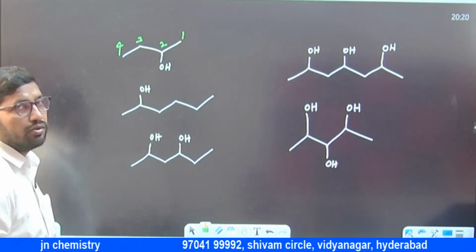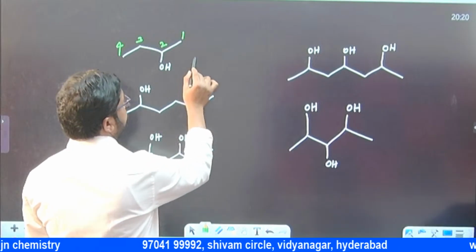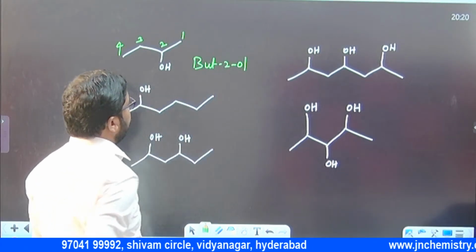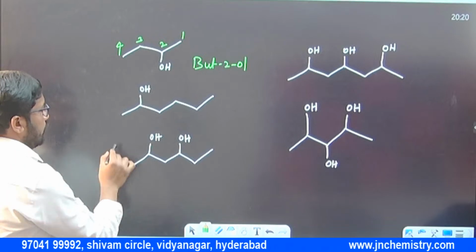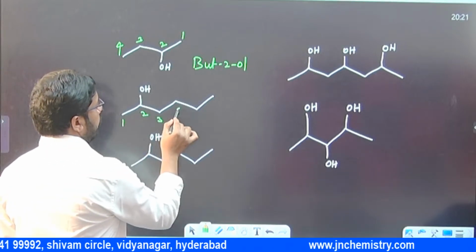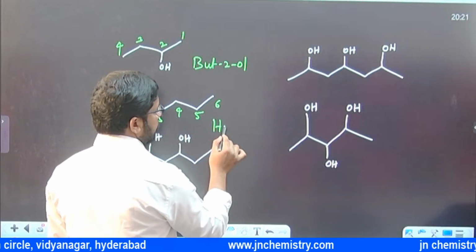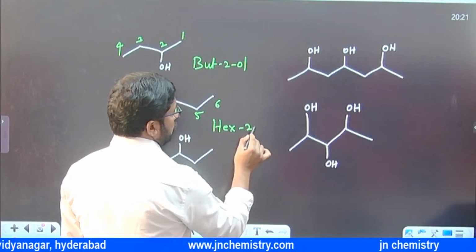So, butan-2-ol. Butan-2-ol, no. So this is 1, 2, 3, 4, 5, 6: hexan-2-ol.